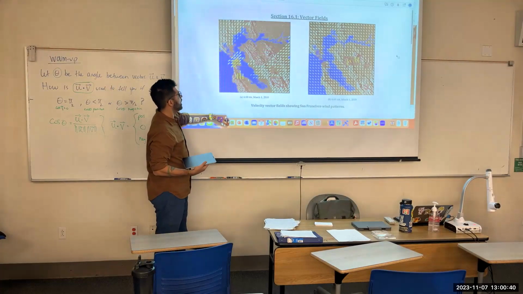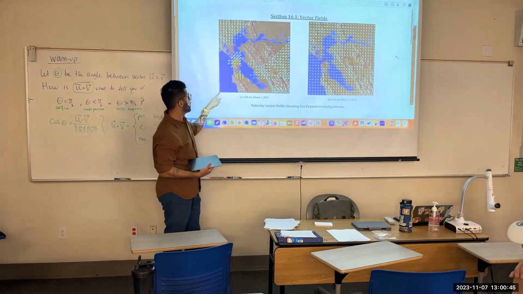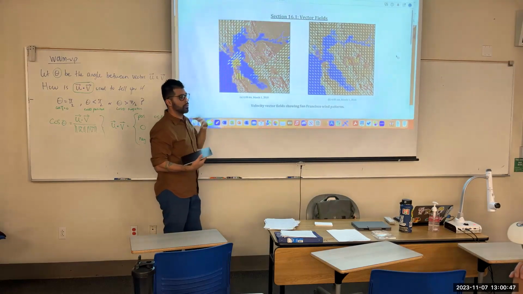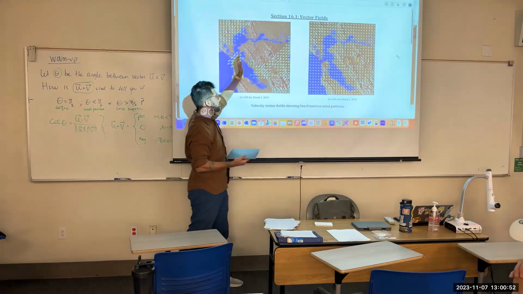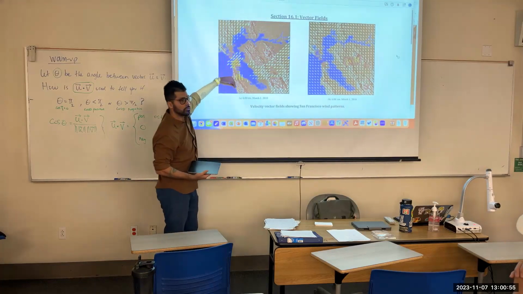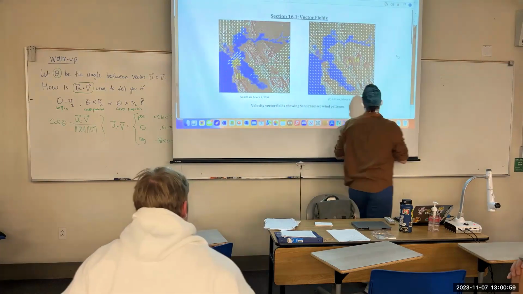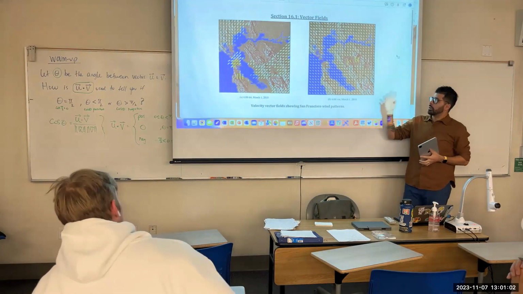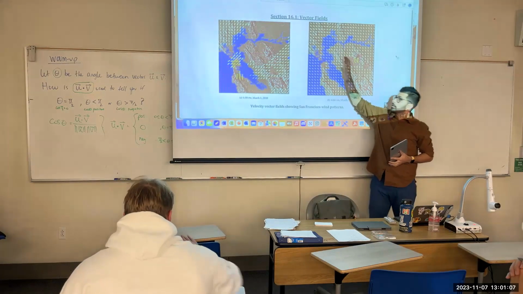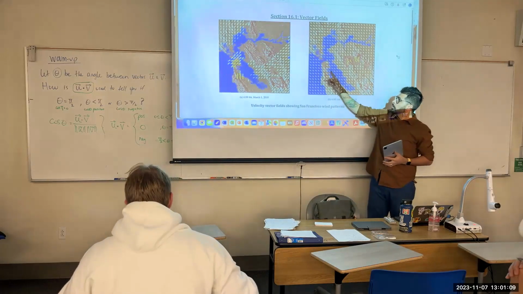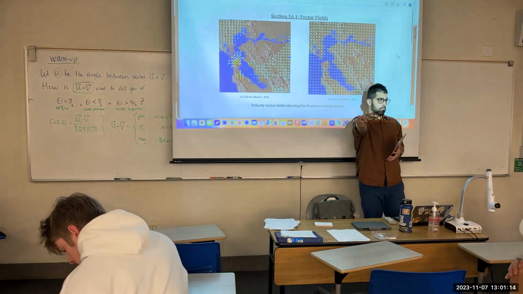For example, if there's an object moving, let's say a bird flying here, we would want to know: is the bird flying with the wind? Is it flying against the wind? Is it going this way, right? So vector fields are going to be these types of functions where you plug in a point somewhere in, let's say, two dimensions, and the function tells you the vector associated to that point.